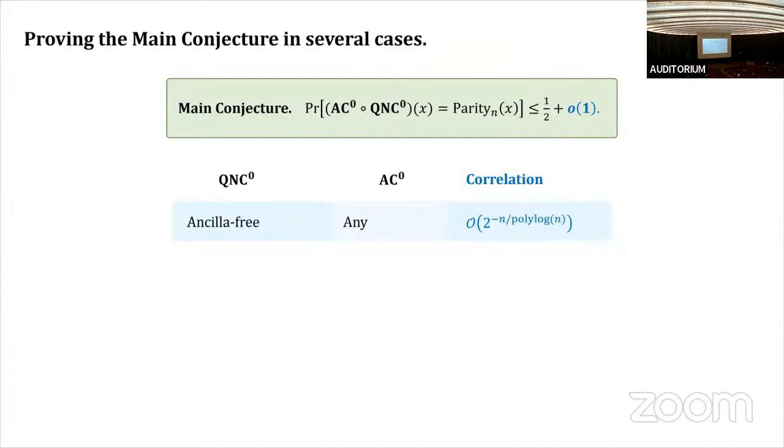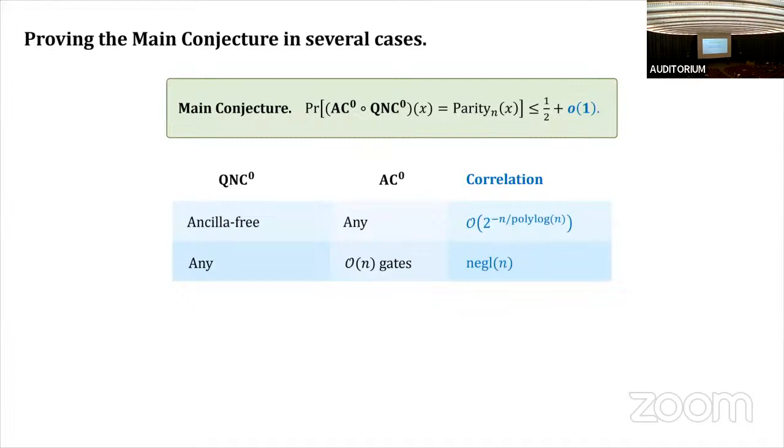So not only is it little o of 1, but it absolutely races down to 0. And this looks quite a bit like what it would be for AC0 alone. So we find that if QNC0 has no ancilla, there is no advantage, at least for this parity computation.